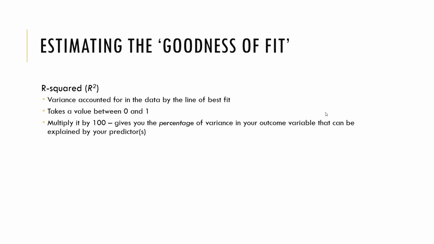It can happen, but it's not a good sign. If you multiply the value that SPSS produces for you by 100, it gives you the percentage of variance in your outcome variable, the range, the variability, the spread of scores, that can be accounted for or explained by your predictor or predictors.